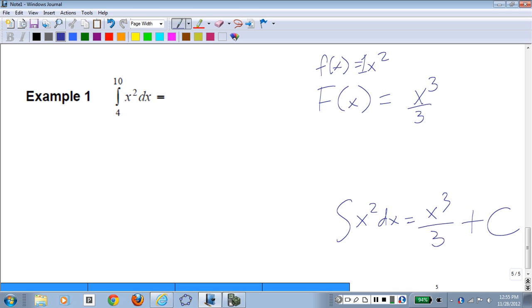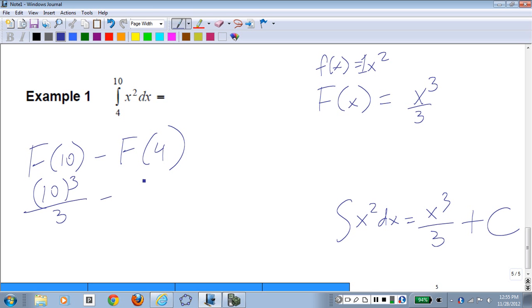Since we're going to evaluate it at 10, we're going to say big F of 10 minus big F of 4. We're going to say 10 cubed over 3 minus 4 cubed over 3.